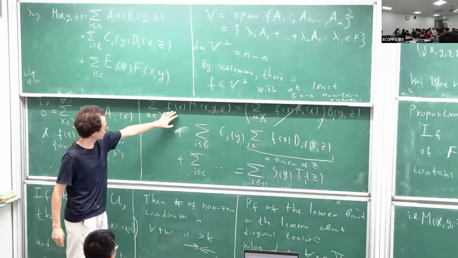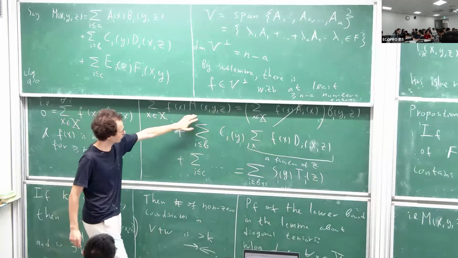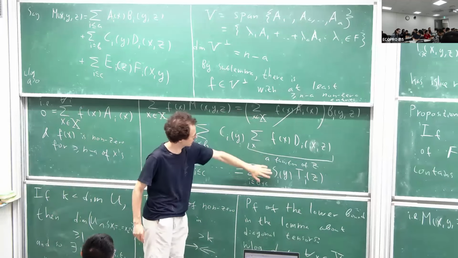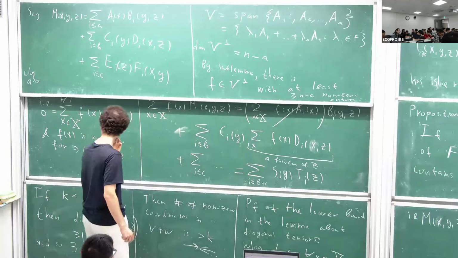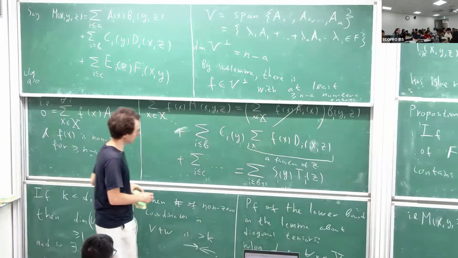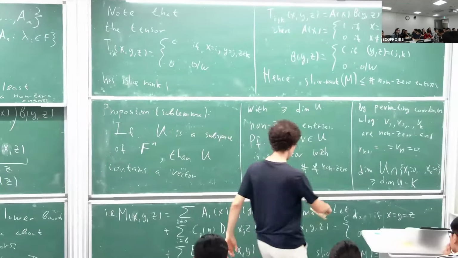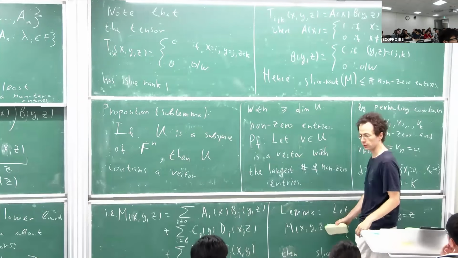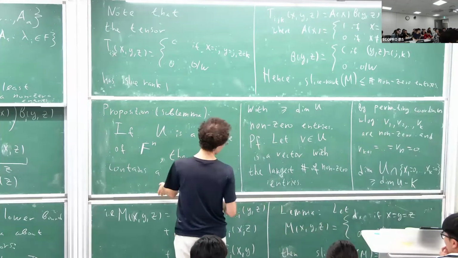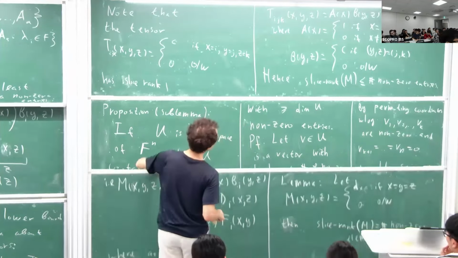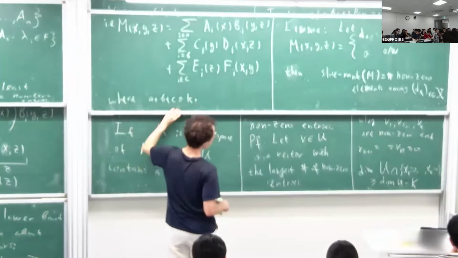Now, what about this? This is what we'll get on the right hand side. What about the left hand side? Well, the left hand side is really easy because m is diagonal, so I can just write down explicitly what this thing is. So let me move this up. That's it.